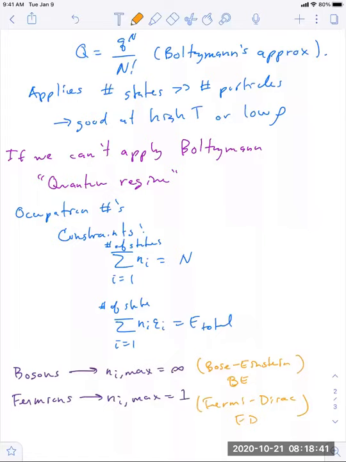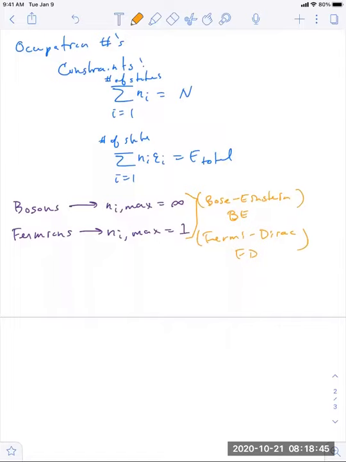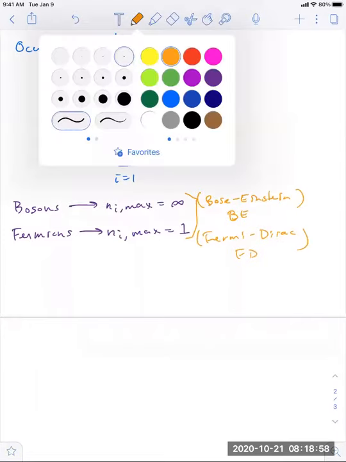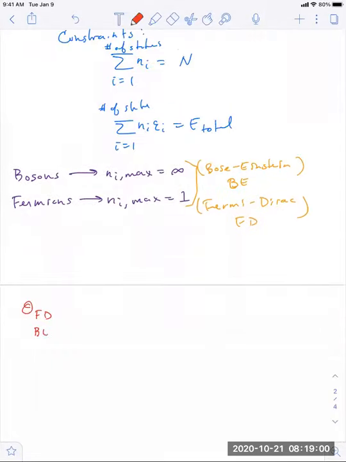In terms of the maximum number of particles that occupy any one state, the corresponding partition functions and probability distributions look really similar between these two types of particles, fermions or bosons, with this general form.